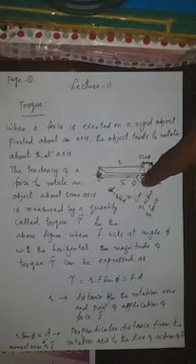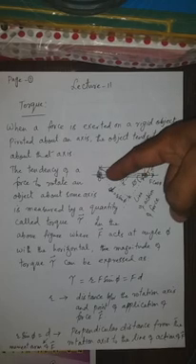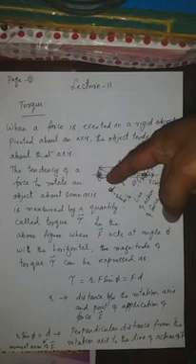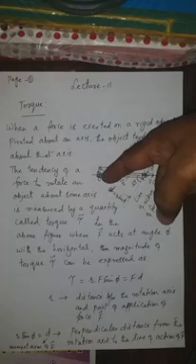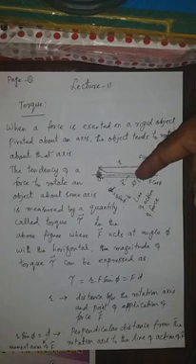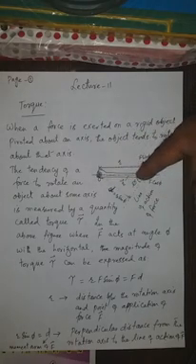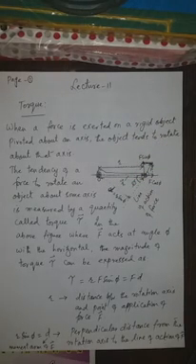It becomes a right angle triangle, and this component can be taken as the height of the triangle. This component can be taken as the base, and this vector can be taken as the hypotenuse.